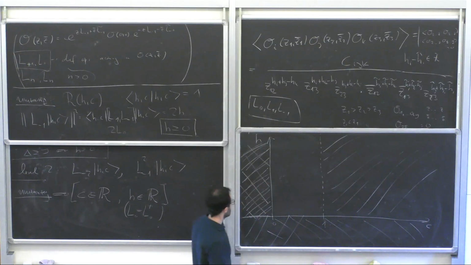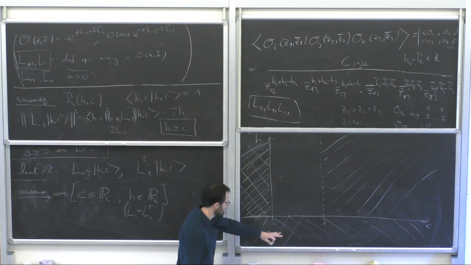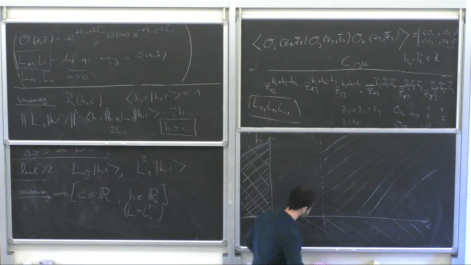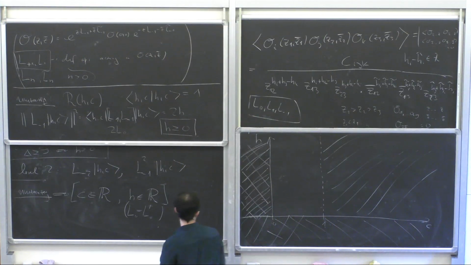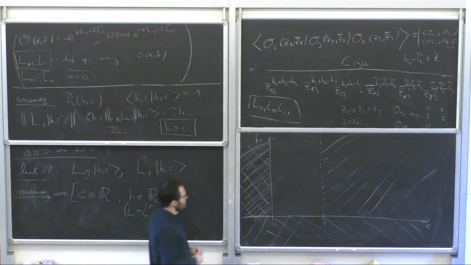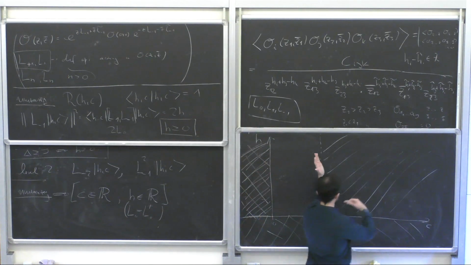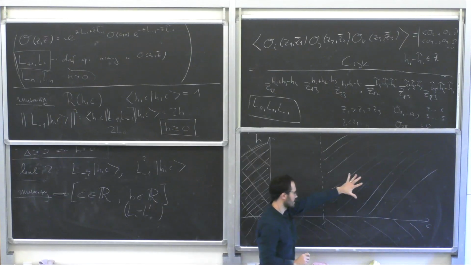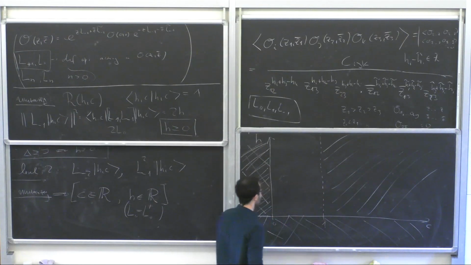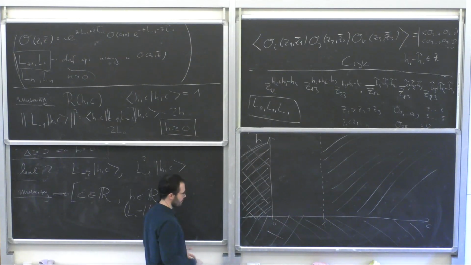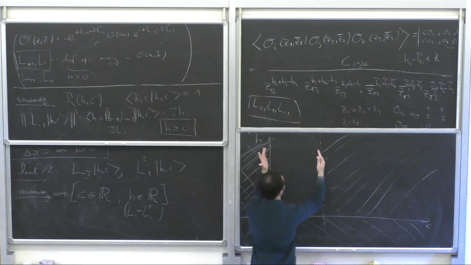So here it's trivially not allowed. Here it's always allowed. Here's actually where many interesting CFTs live. But the most interesting story from the point of representation theory happens in this rectangle.